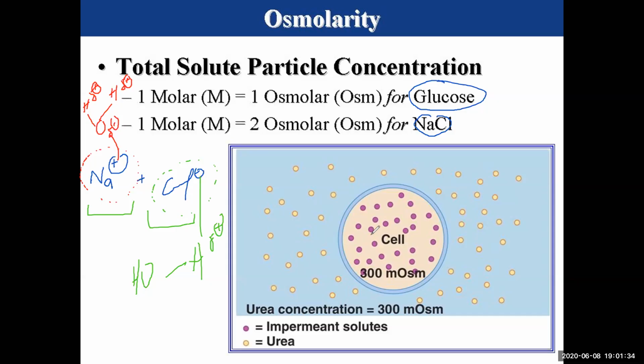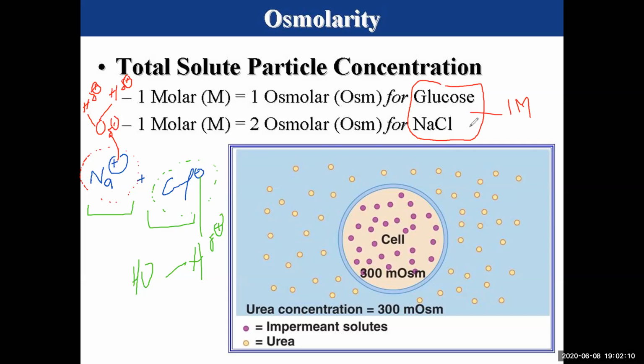For example, if you have a solution containing both glucose and sodium chloride, so you have 1 molar glucose and 1 molar sodium chloride.